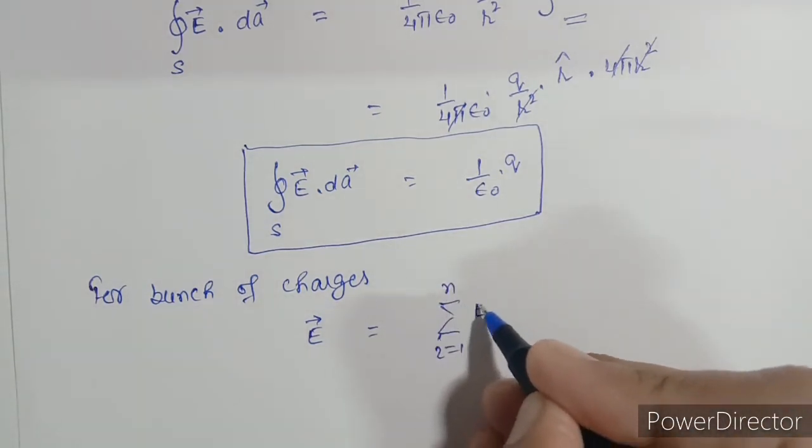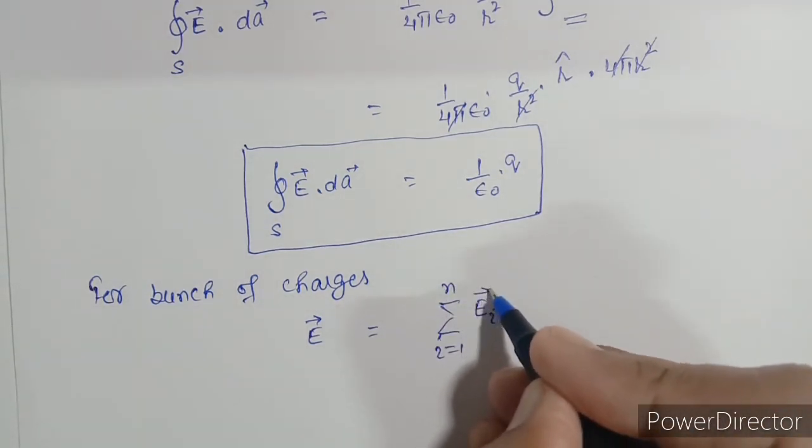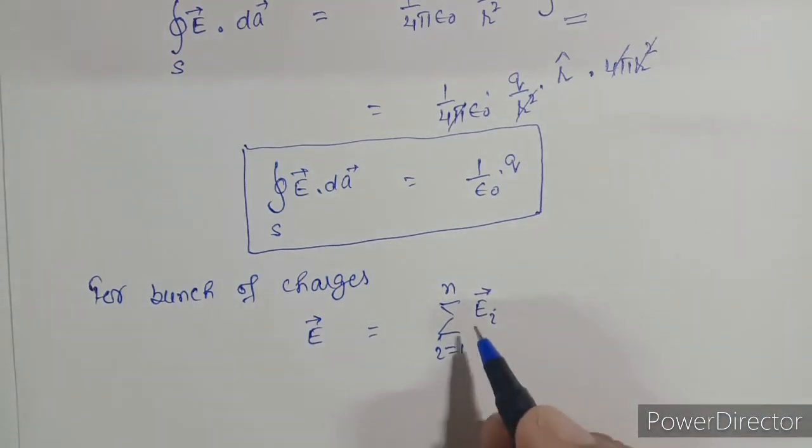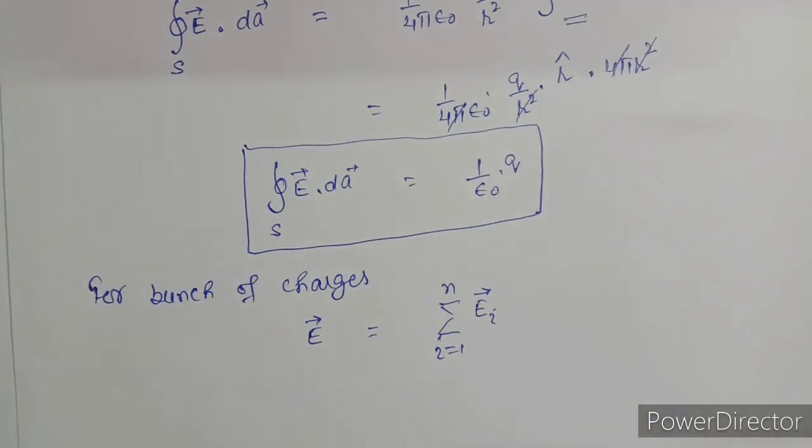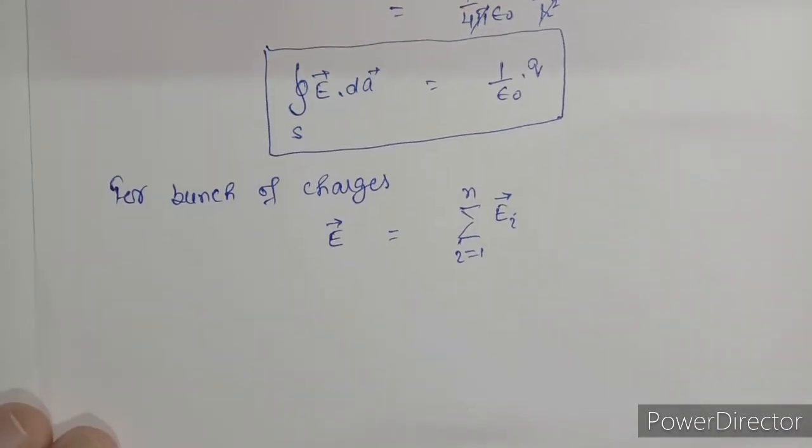E1 is the electric field for the first charge, E2 is the electric field for the second charge, E3 is the electric field for the third charge, and so on.